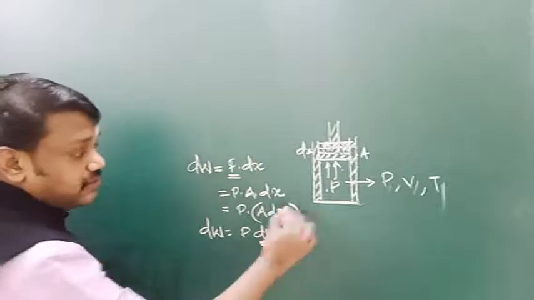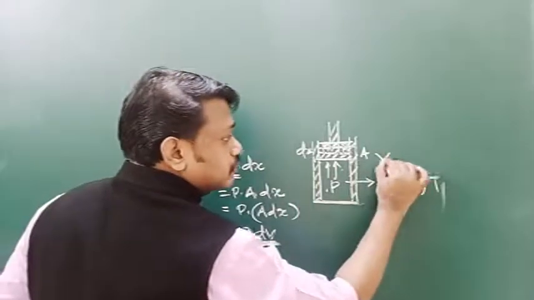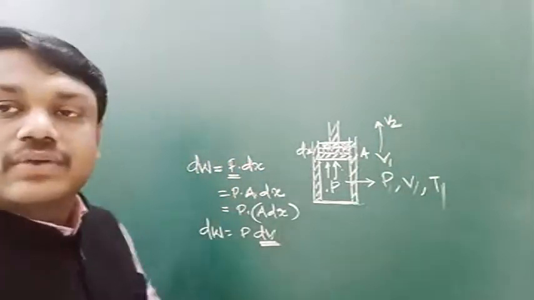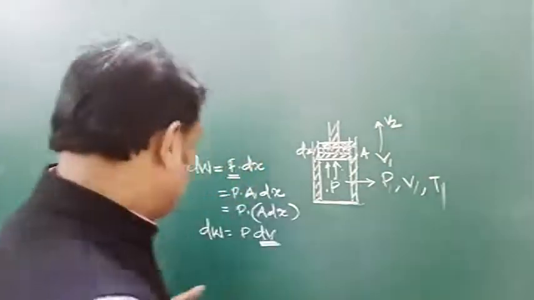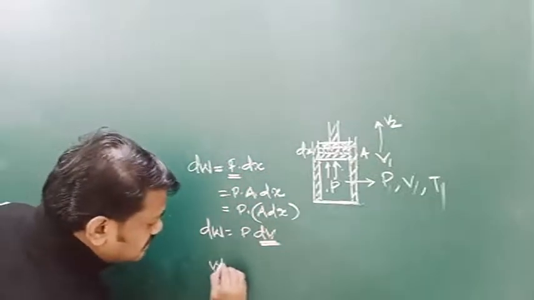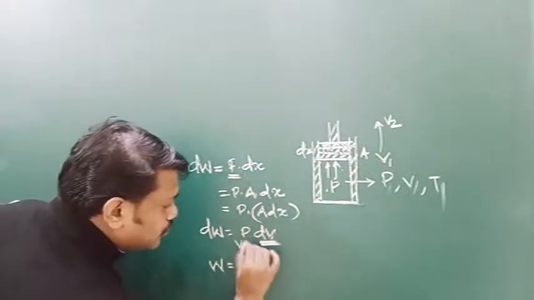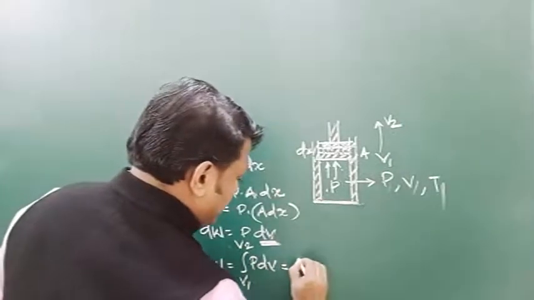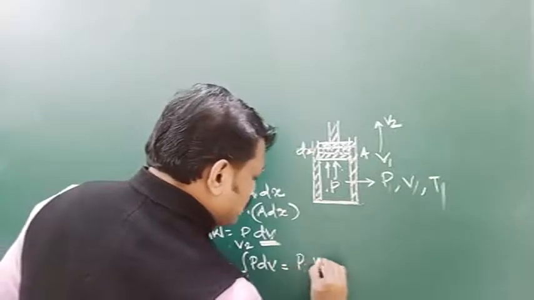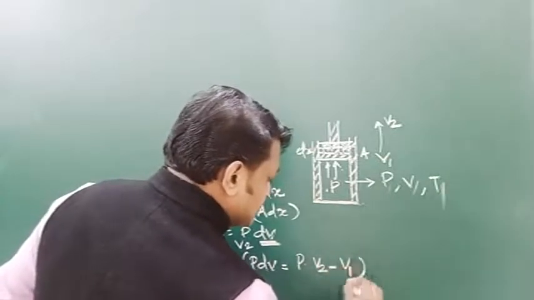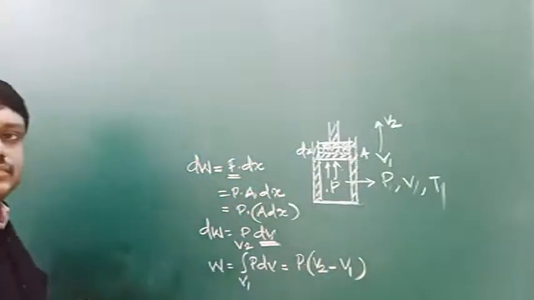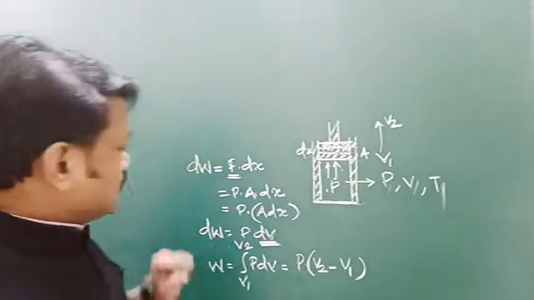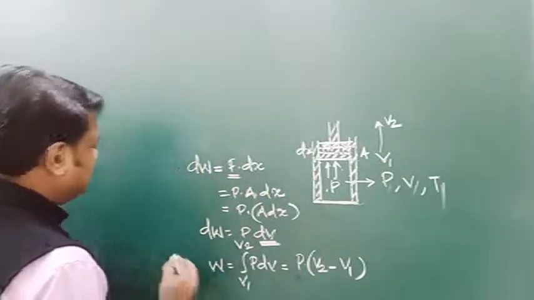When the system changes its volume from an initial volume V1 to a volume V2, what is the total work required? W is equal to the integral from V1 to V2 of P dV, which is equal to P into V2 minus V1 if the pressure is taken as constant.